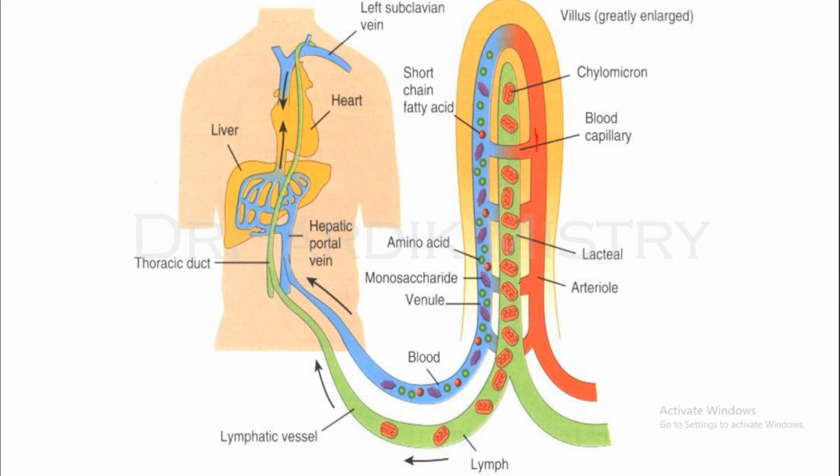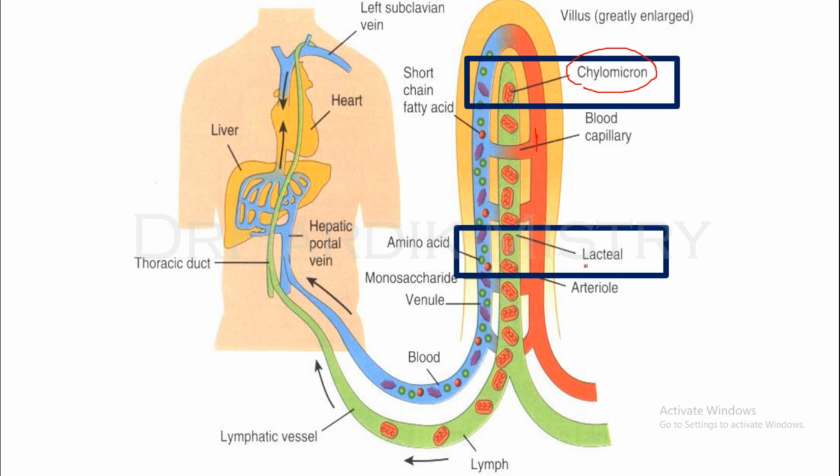And I already told you that glucose, galactose, fructose and amino acids enter into the blood circulation directly inside the venous circulation. As you are seeing, these are the molecules of amino acid, glucose, galactose, fructose, as well as the short chain fatty acids, which also enter into the venous circulation directly. But here you are seeing that chylomicron enters into the lymphatic circulation.